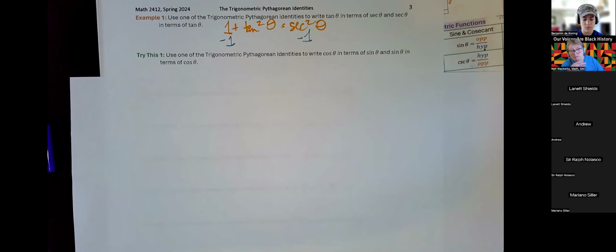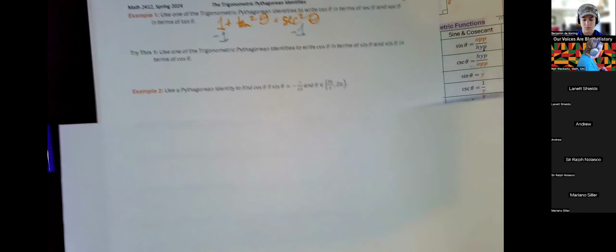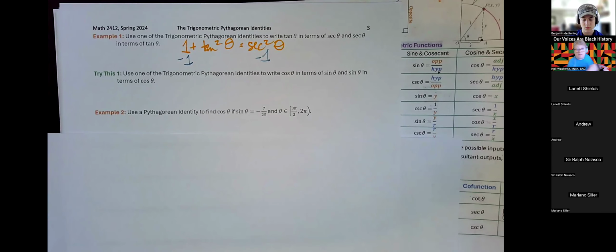Thanks. So yes, I heard y'all do lovely work. And now we're going to start something that we're going to continue almost all semester long, and that is figuring out where an angle is and drawing a triangle in the correct quadrant.